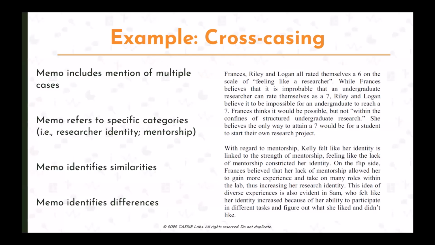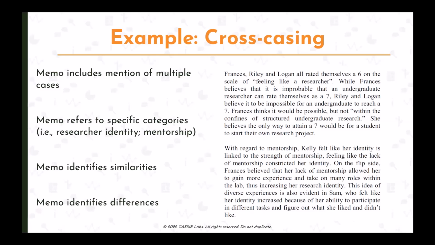Then on the bottom paragraph, it's about mentorship. Kelly felt that her identity was strengthened. Is it because of mentorship? But then Frances believes that not having a mentor actually forced her to do some more work that made her a strong researcher, right?